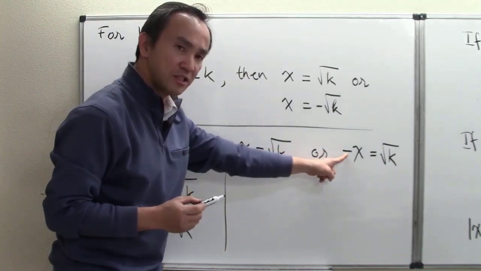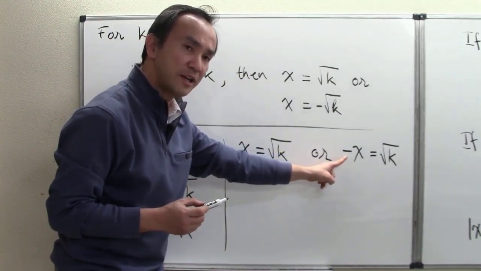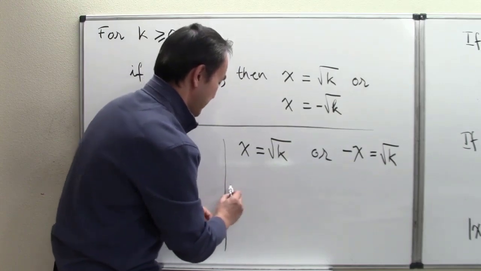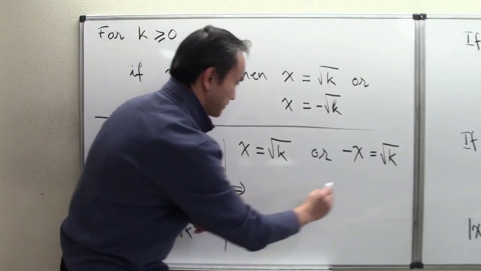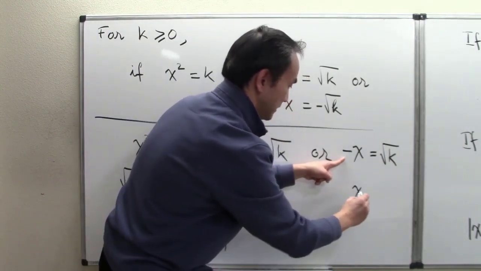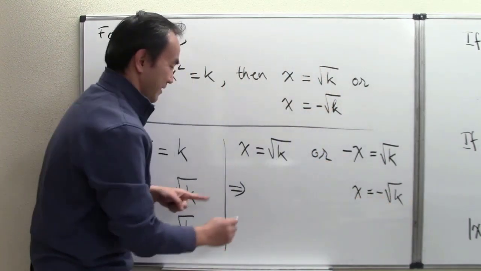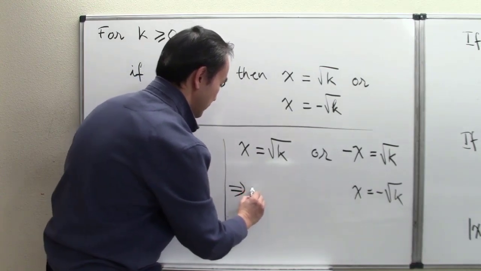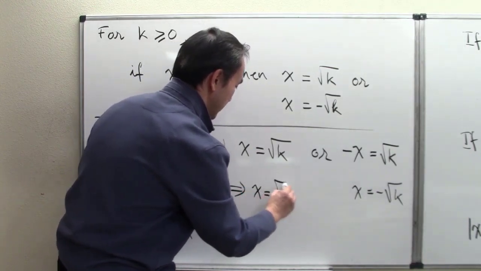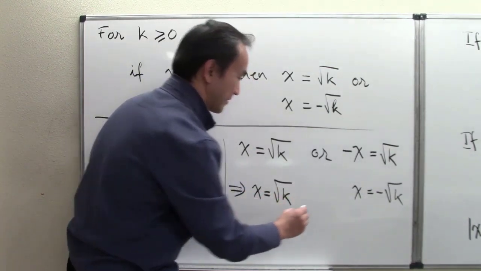But this little equality here means further that x equals negative square root of k. And for this equation, it's going to, of course, stay the same.